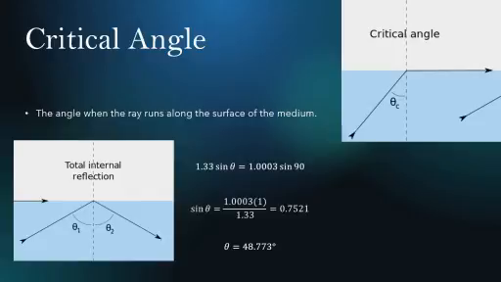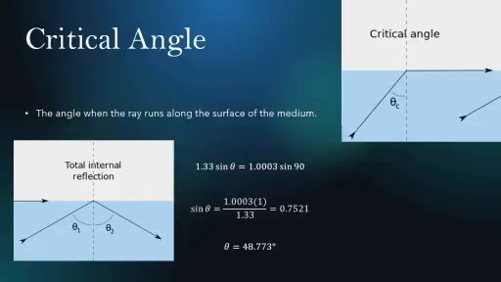Remember, the angle of reflection and refraction is based off of the normal, not of the boundary line of the mediums. So it'd be 90. Setting it through, solving it, you get sine theta is equal to 0.7521, and then you use your inverse sine or your arc sine to find that it's about 48.773.